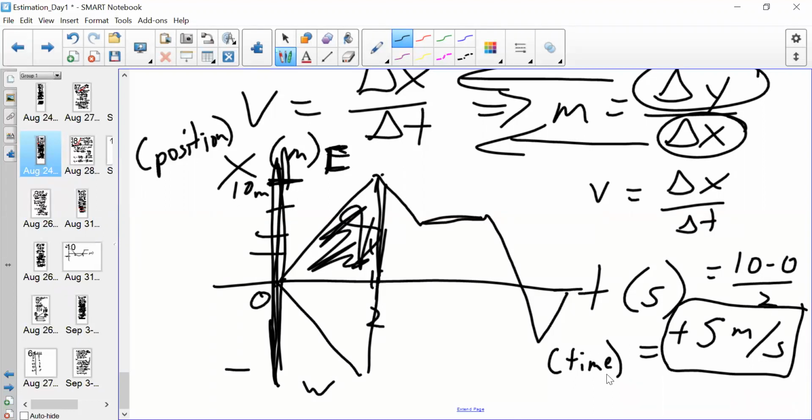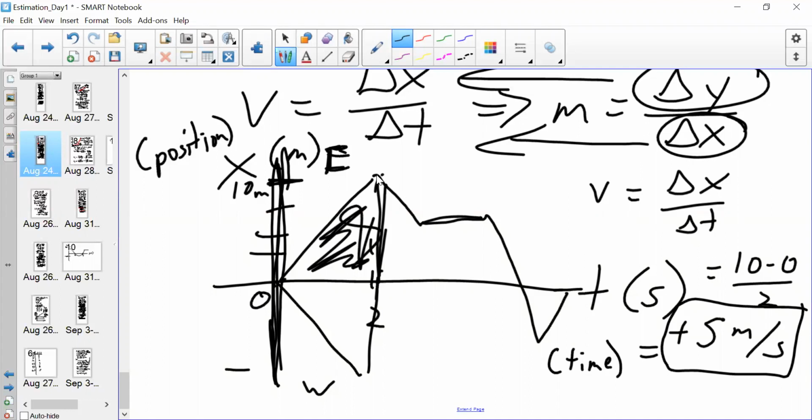I just graphed some arbitrary data. I just made up numbers. Say this is 10, I graph my line here, and then it took me 2 seconds to change that position. What's the speed? Well, the speed or the velocity is just the slope.